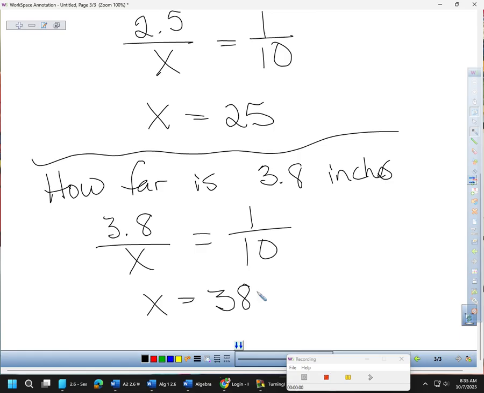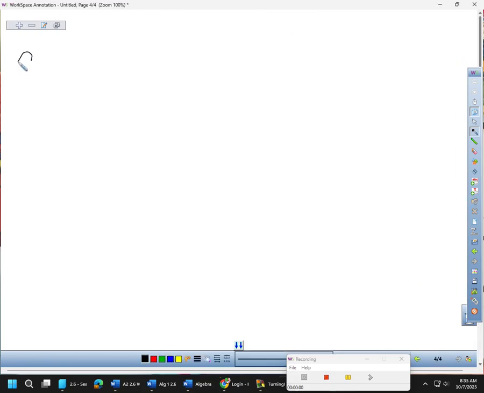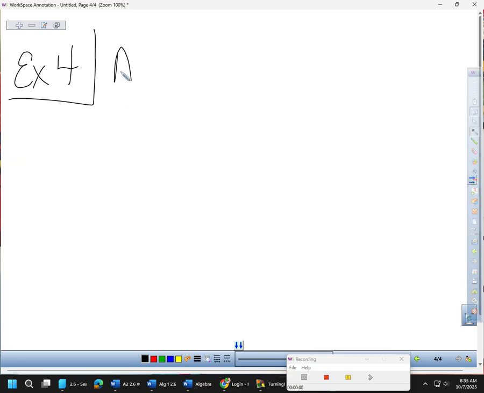Okay, so let's go to another example. Example number 4. A model car is 1 to 64.